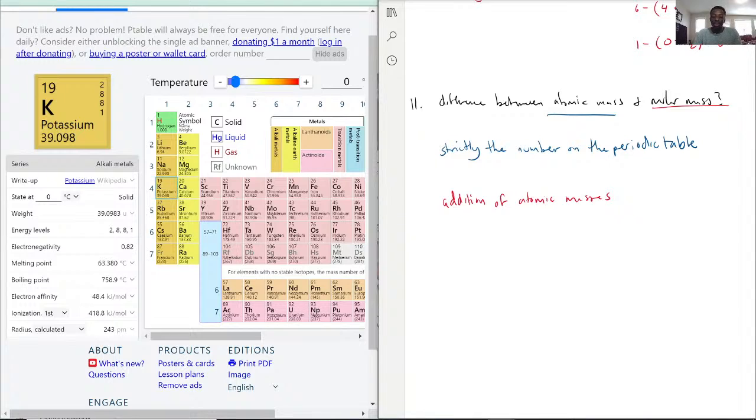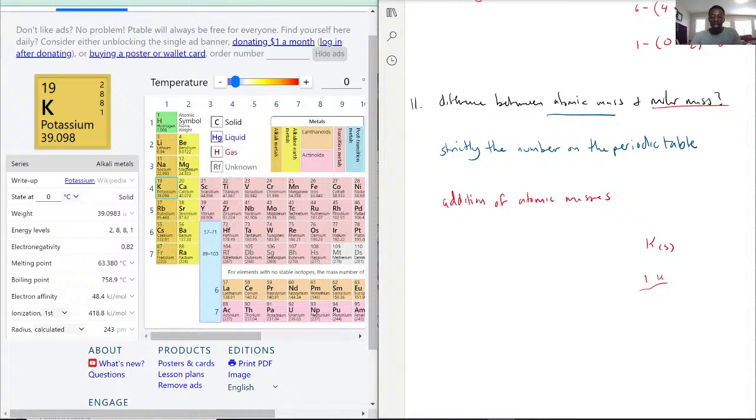Potassium in nature just shows up by itself, as a solid. That is its form. So the molar mass would be the addition of one potassium. That's just it. You look at the periodic table, and one potassium has an atomic mass of just 39.098.